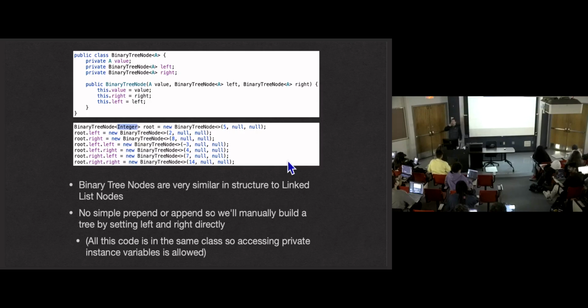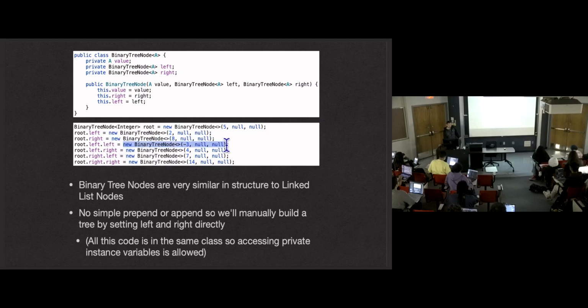Could you technically skip past the first null left and null right by just putting the node in directly? Yep. So we could, instead of putting these nulls, because we're putting these nulls here and then immediately replacing them with actual nodes, take this whole thing right here and paste it in place of this null.